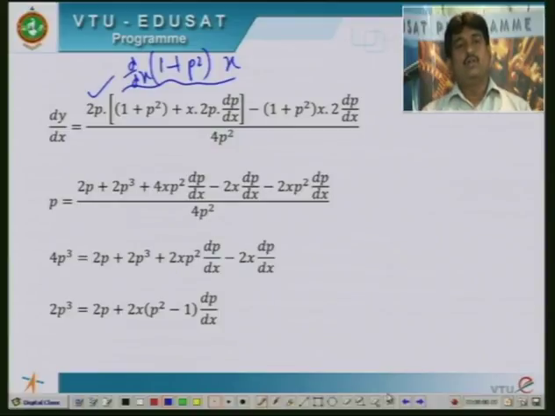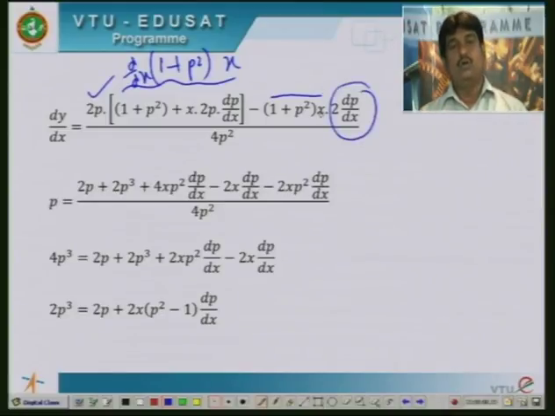Minus numerator 1 plus p square into x, into the derivative of denominator 2p, which is 2 times dp by dx, whole divided by 4p square, the denominator square.